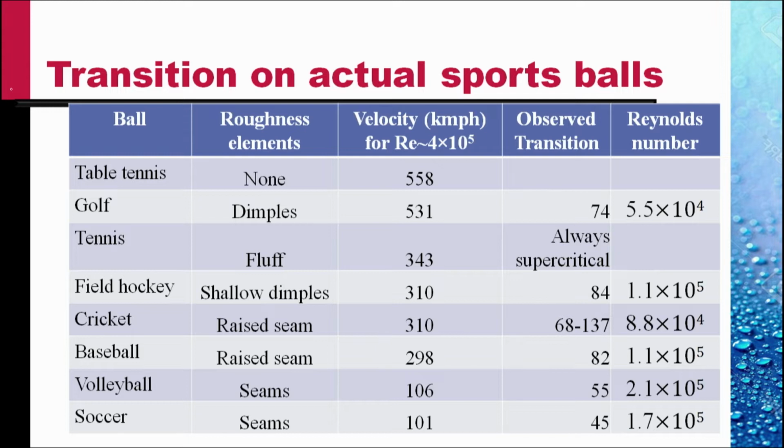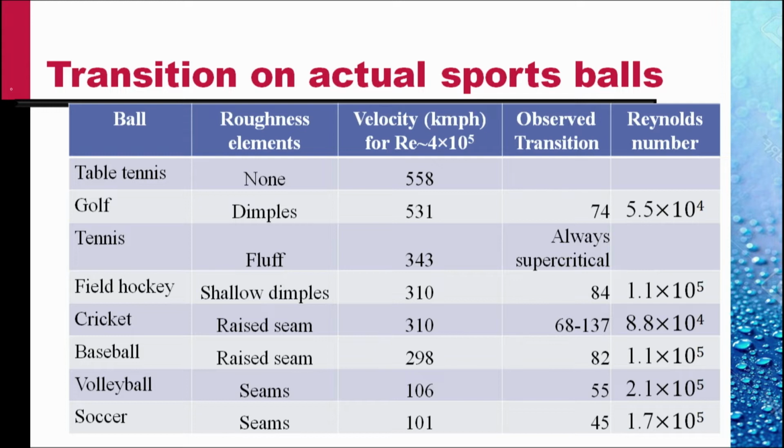In tennis, the boundary layer is always supercritical, and that, I believe, is largely because of the fluff on the tennis ball. In the field hockey, with shallow dimples, the transition is 84 kilometers per hour.